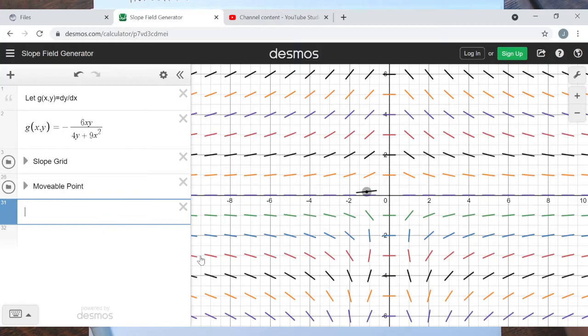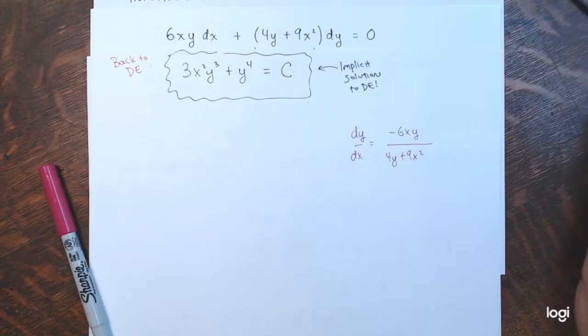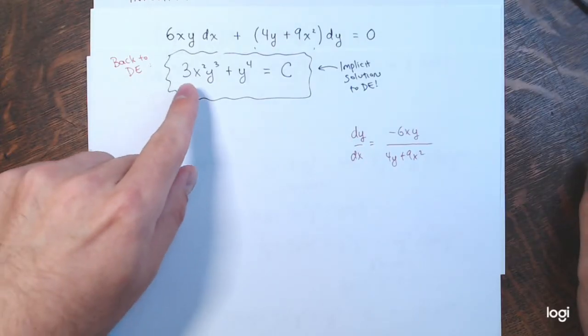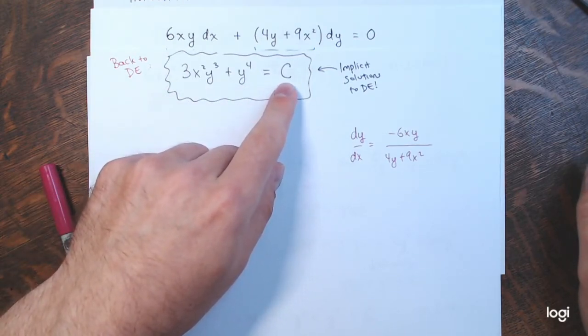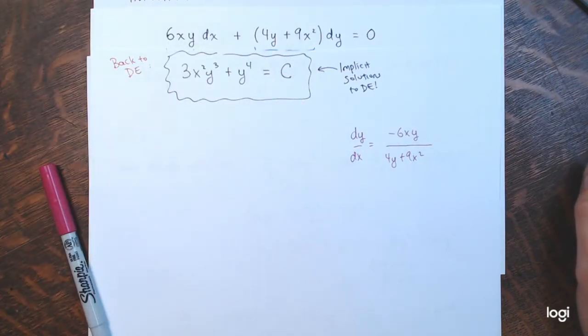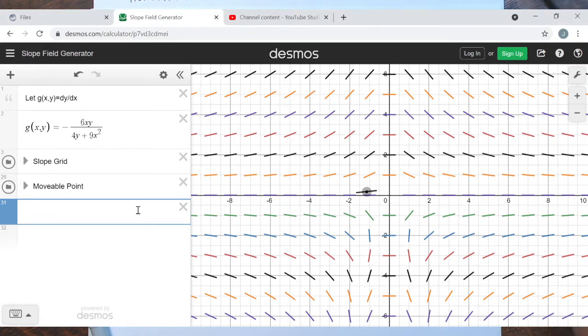And then I'll put in one of our solutions. So our solutions should look like this, where I'm just going to replace c with some constant. I'll start with 0, and you can replace it with any real number. So we have 3x squared y cubed plus y to the fourth equals 0 as the constant, and see what that looks like.